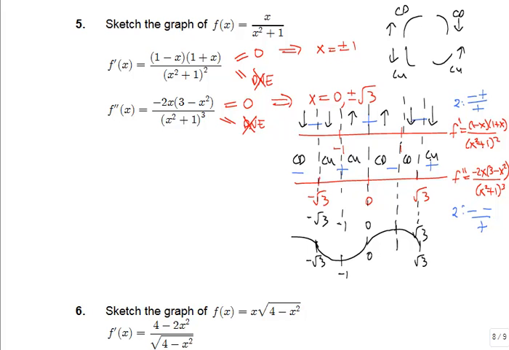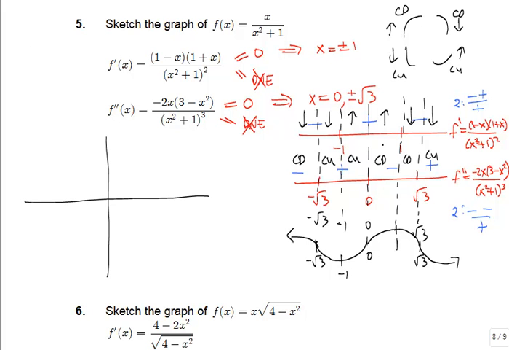And then after √3, we're concave up decreasing. So that's this shape right here. So we have another point of inflection at positive √3. So this is my general shape. All I need to do now is position it so that it goes through the right dots that I need it to go through. So we're going to need to find some coordinates.